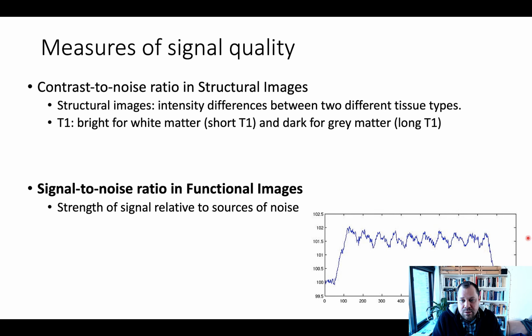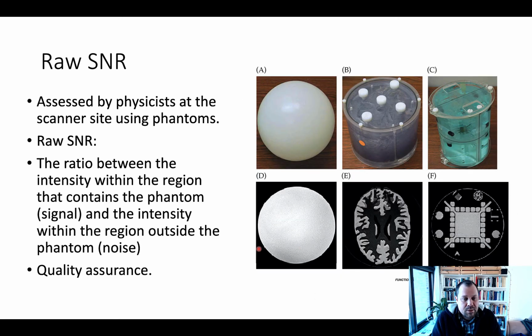So functional SNR reflects how a voxel reacts to the experimental treatment, and this is relative to other sources of noise. Finally, we have raw SNR, which is something that's assessed by physicists at the scanner site using phantoms. So we have these types of phantoms. At the beginning of the day, the physicist or MR technician places these inside the scanner.